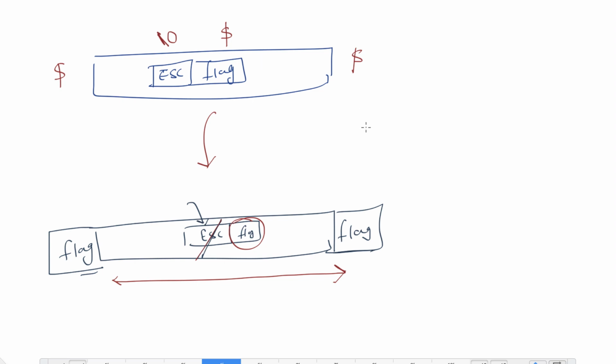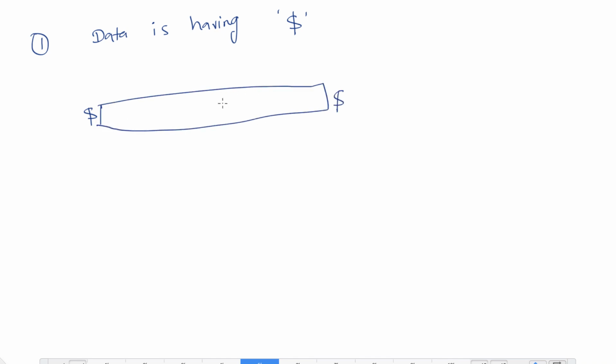But there is a problem. What if your data is having ESC and flag? So one thing is that the data is having a flag or dollar, anything. Which means if you pack your data between these two dollars, but the data itself is having a dollar, then the solution is that you will append \0 or some ESC character to the dollar or the flag.